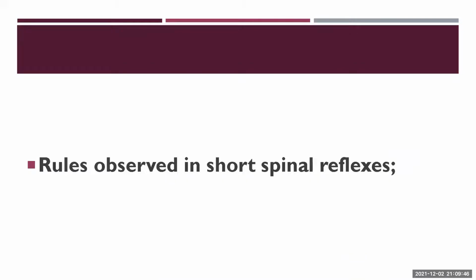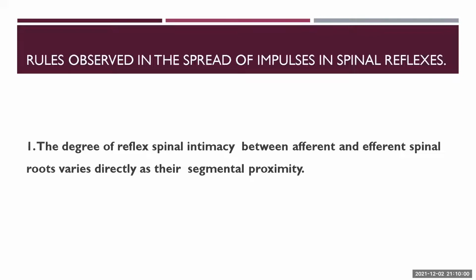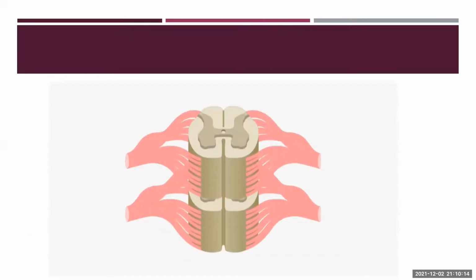Now there are some rules that are observed in both short reflexes and long reflexes. First we'll be seeing the rules observed in the short spinal reflexes. The first rule he has mentioned is that the degree of reflex spinal intimacy between the afferent and efferent spinal roots varies directly as their segmental proximity. As you can see in the figure, he's saying that when a stimulus is produced at a particular spinal segment, the maximum response will be produced in the muscles which are proximal to the segment.